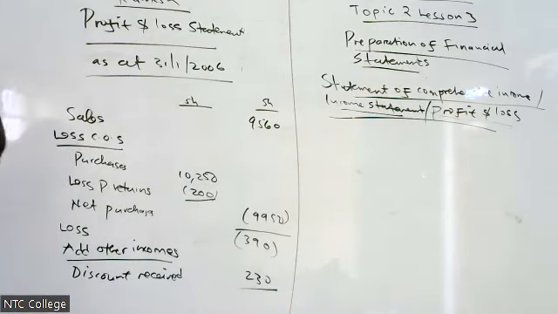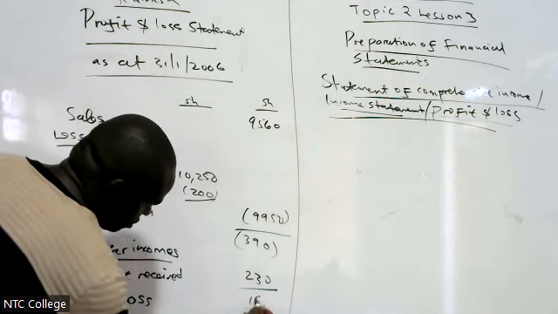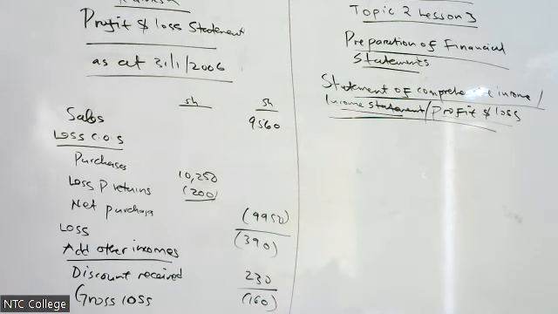Then from there we have a gross loss, which would be 160. Then from there, go back to your trial balance and now pick the expenses.